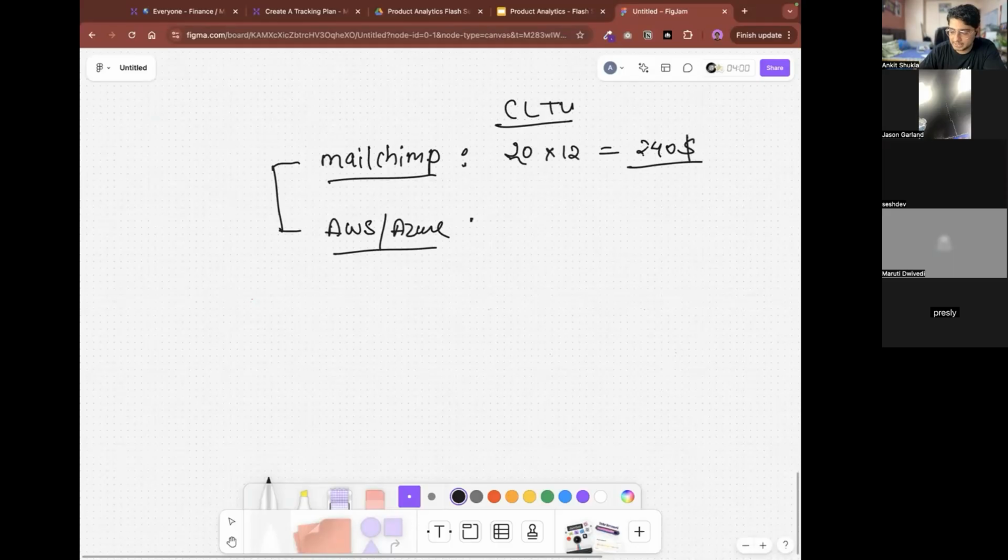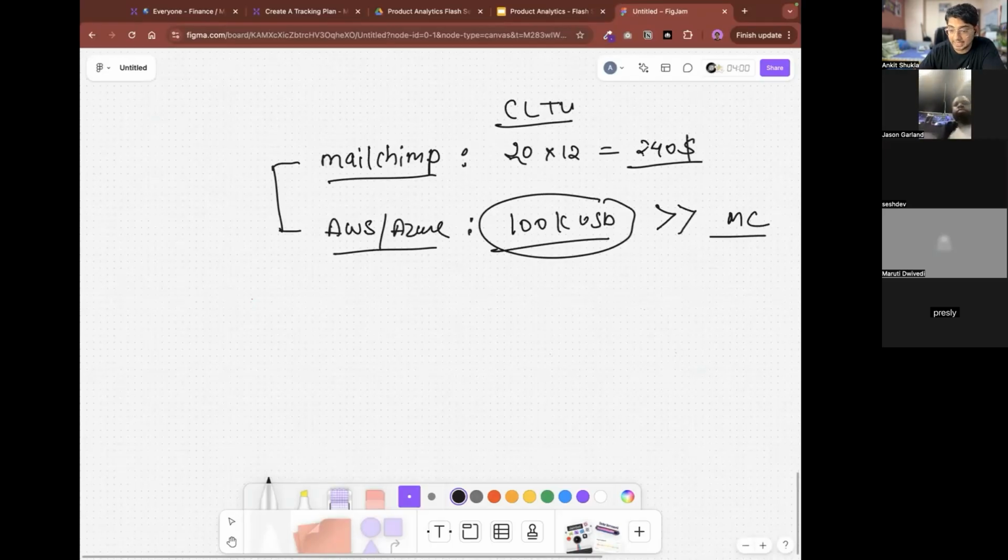Similarly, there is AWS or Azure, where there are many customers who are going to give them as much as 100K USD, maybe every month. There are many businesses that are going to spend this kind of money. Which means that LTV on AWS is much bigger than LTV of MailChimp.